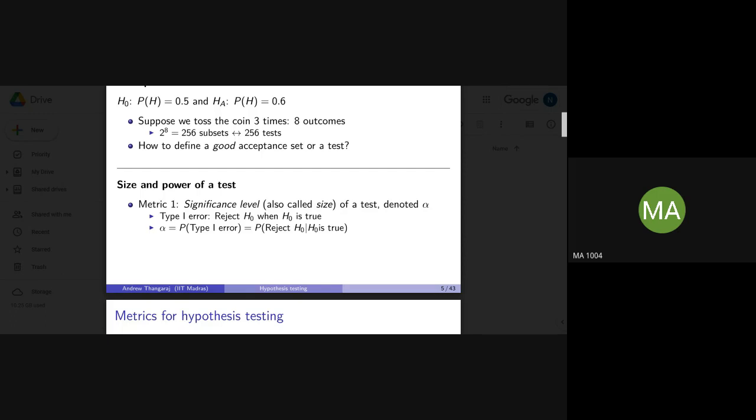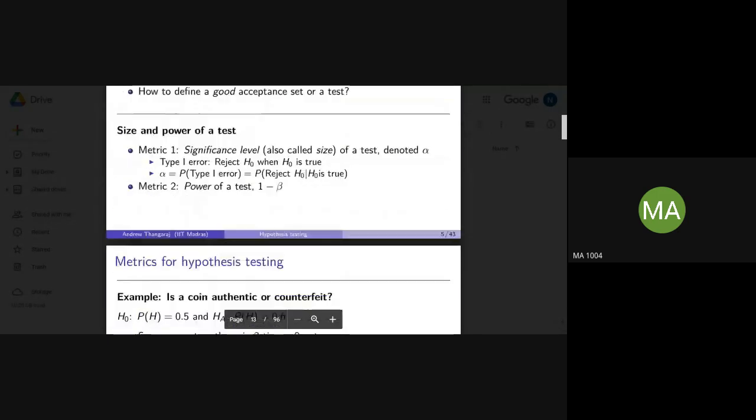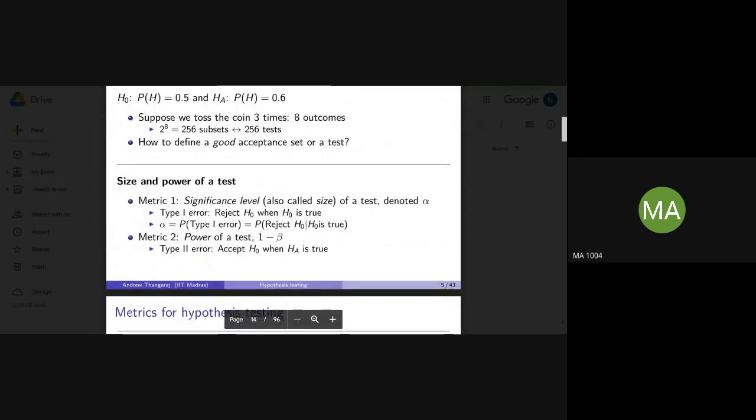Now the other case can be when your alternative was true and still you are going and accepting your null hypothesis. Again, by doing so, you're making an error, because your alternative was true but still you are accepting H naught. Is it equally valid to say that when HA is true, we are rejecting HA?